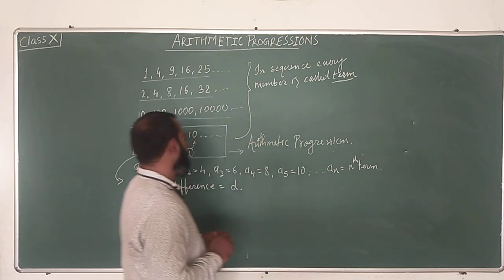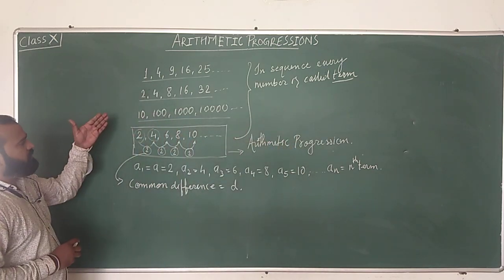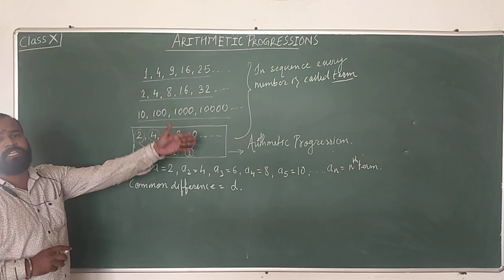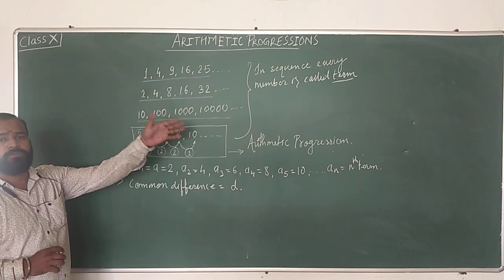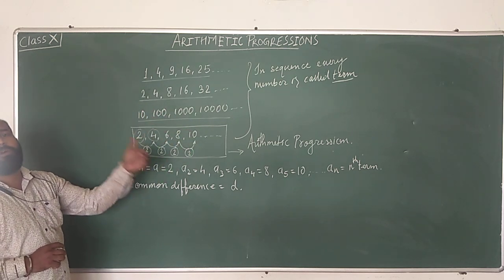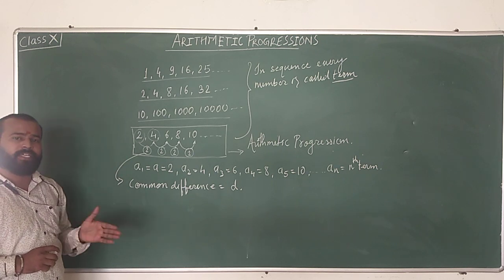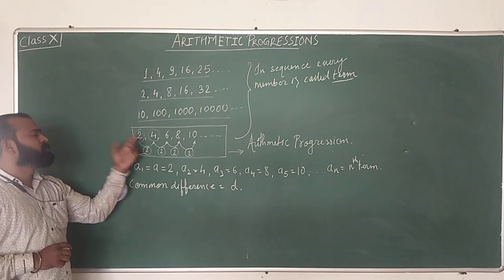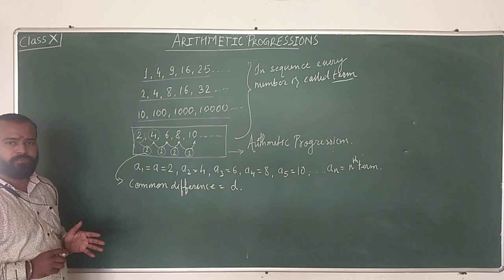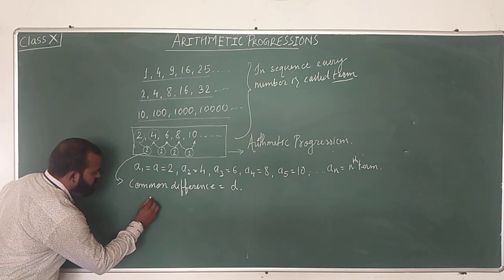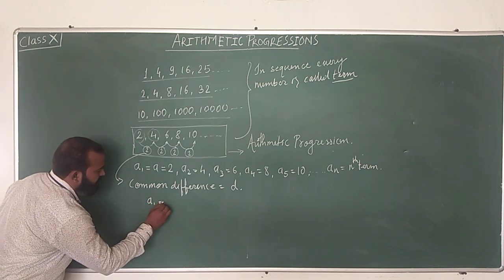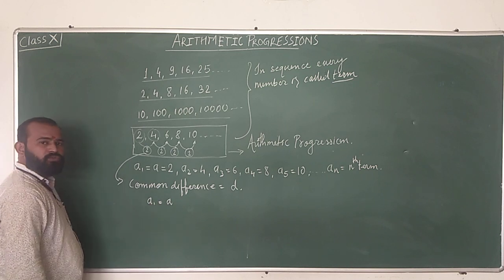After this, here I have told you that each succeeding term is found out with the help of adding a unique number, that is common difference, to the preceding number. Okay, see here, first term is always as it is, a1 is equal to a.